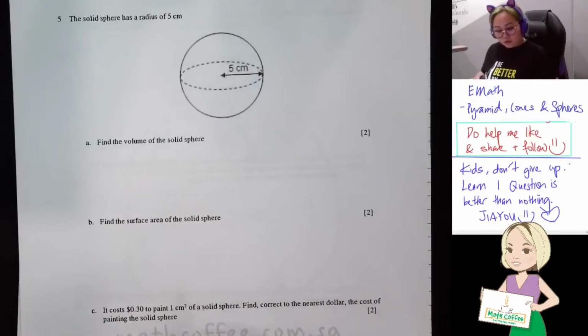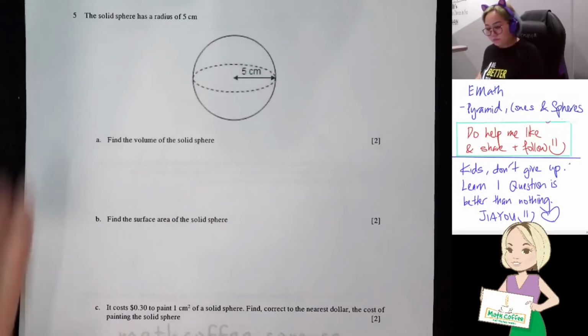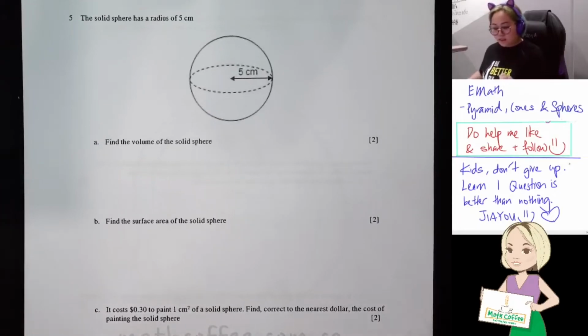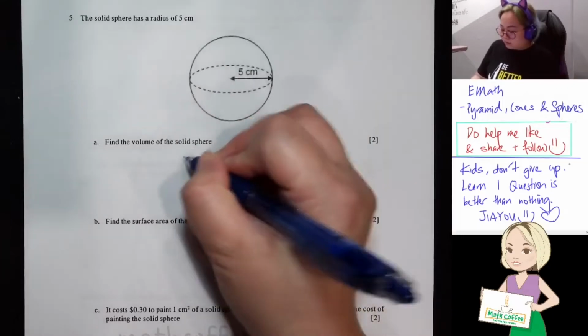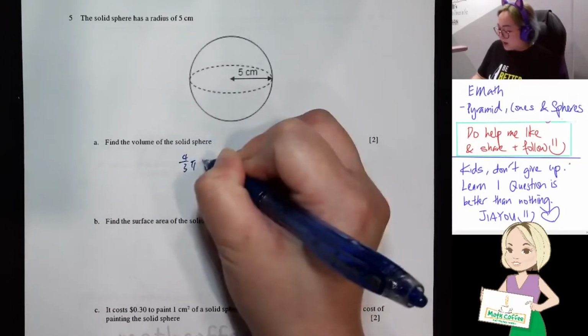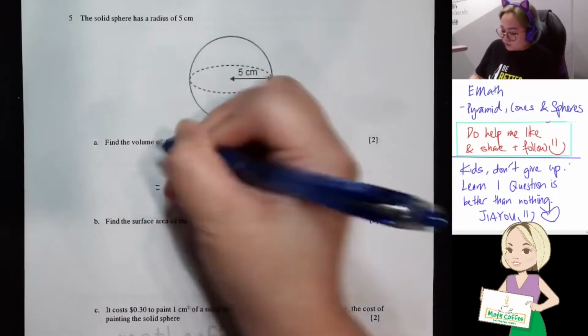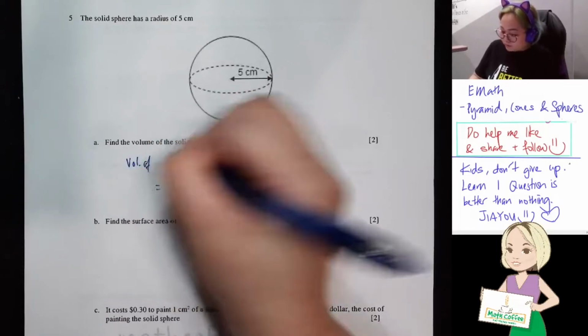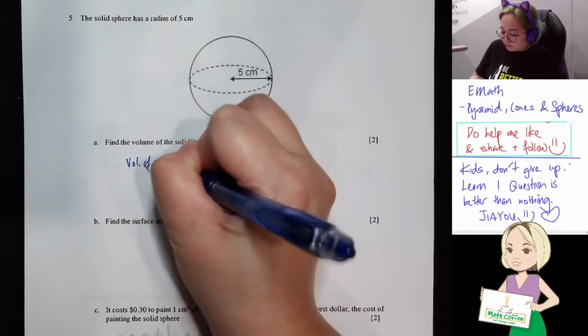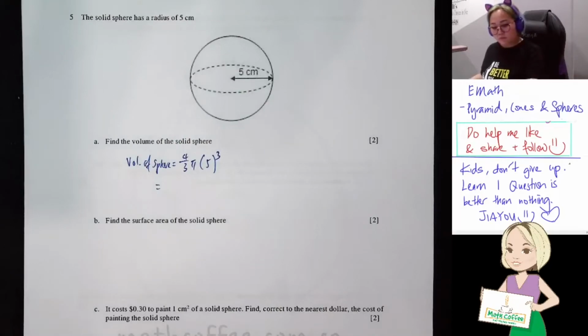Okay, so now let's continue to our question number 5. Easy. So volume of the solid sphere, again apply the formula. Simple. 4/3 pi r cubed. So volume of sphere equals that.